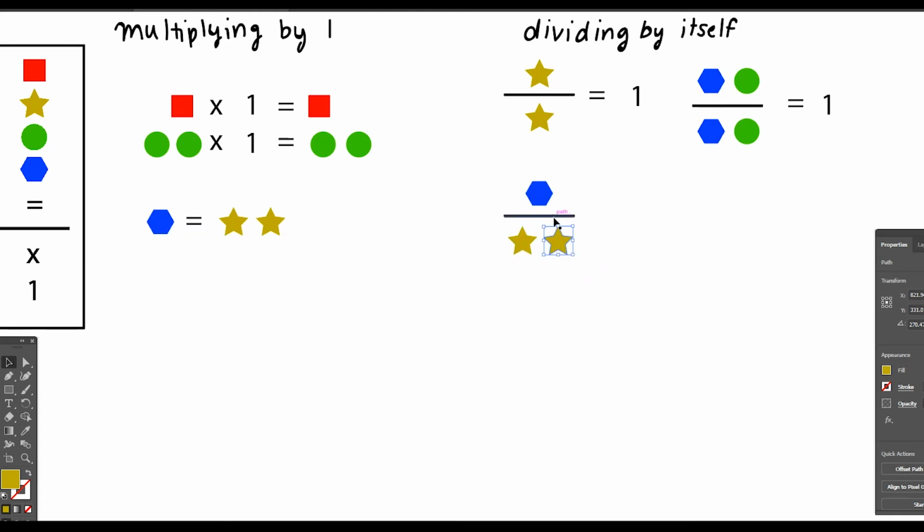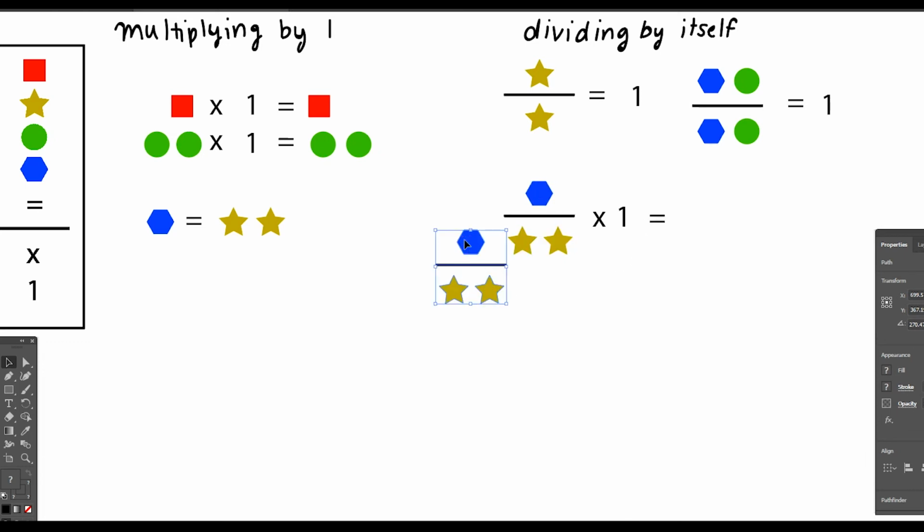First, let me just make sure we're all on the same page. If I was to say, I'm going to take this blue hexagon divided by 2 stars, and I'm going to multiply all of that by 1. So what would that give me? If you were paying attention, you could tell me that, well, it's just going to be equal to itself.